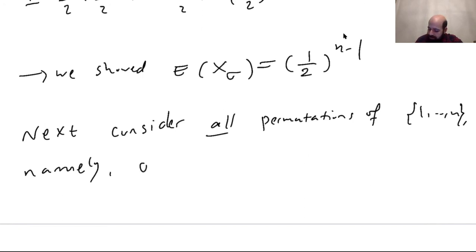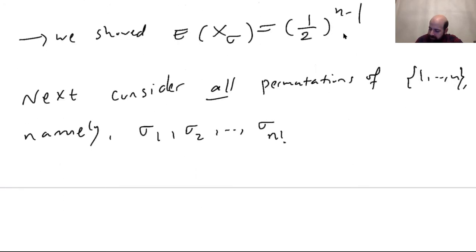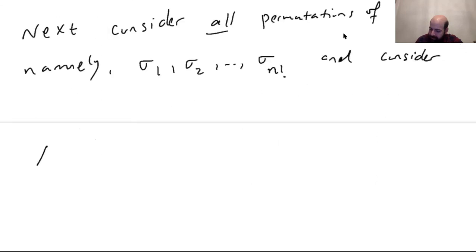Namely sigma 1, sigma 2, all the way to sigma n factorial. So there are n factorial such permutations, and consider the random variable X to be X sub sigma 1 plus X sub sigma 2 all the way to X sub sigma n factorial.